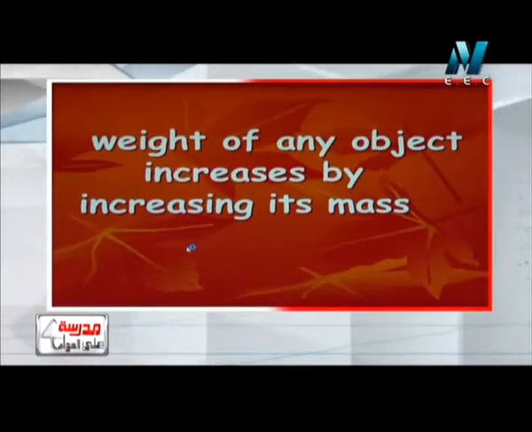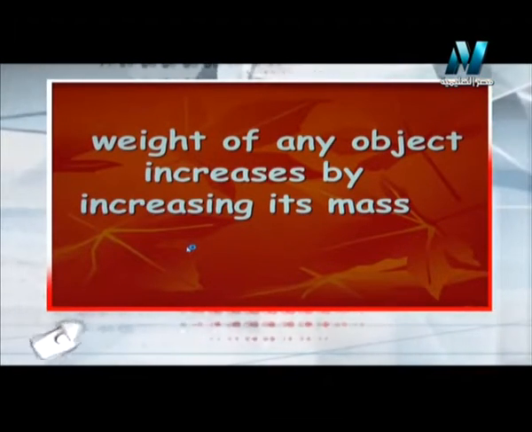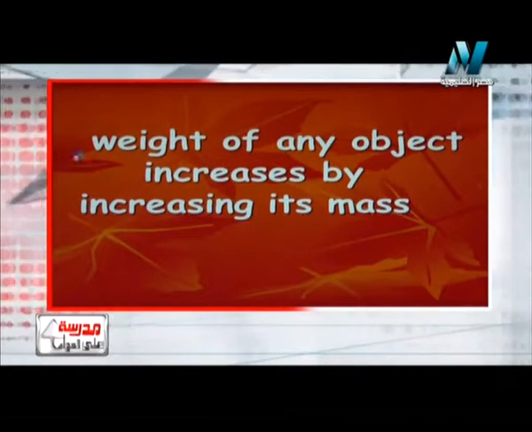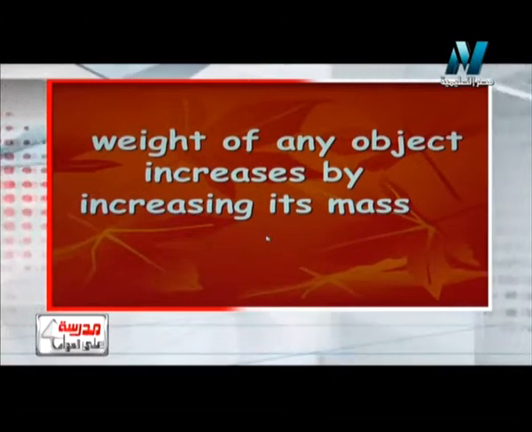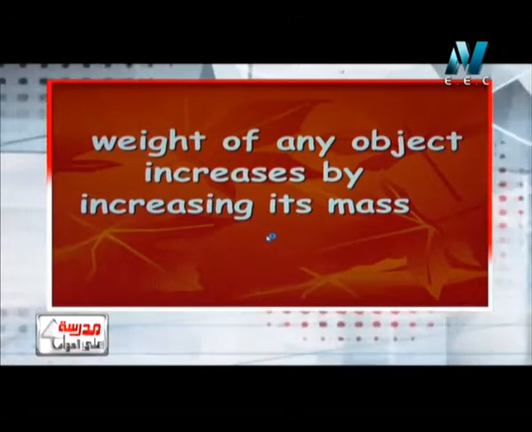آخر فرصة ليك. Okay. So again, we can say that weight of any object increases by increasing its mass. يعني لو هزود الماس برضه هزود الويت. يبقى what is the relation between them, Mr. Yasser? When the mass increases, the weight increases too. So the relation between them is direct relation. Direct or direct proportion. Directly proportional. Okay.